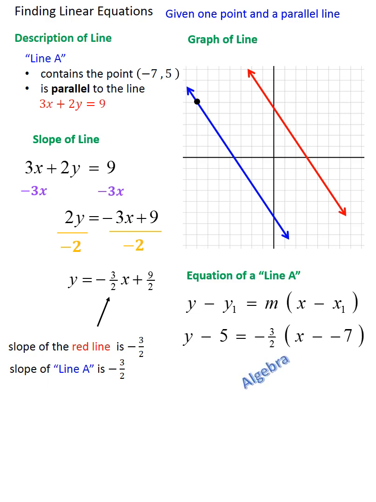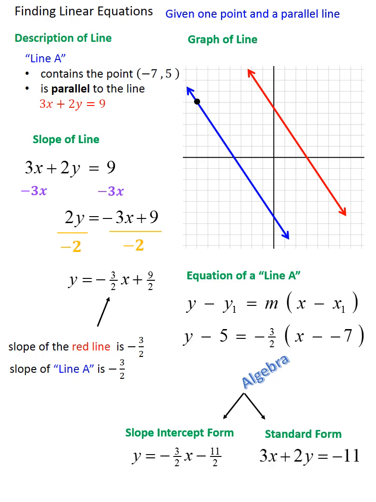So you're going to have to do some algebra and convert into either slope-intercept form or standard form, depending on what the problem is requesting. And that will depend on your textbook, your web platform, your professor, whoever's giving you the problem will ask you for a certain format more than likely. Now, I haven't shown the algebra here, but I have provided the 2 formats of the solution, I should say.